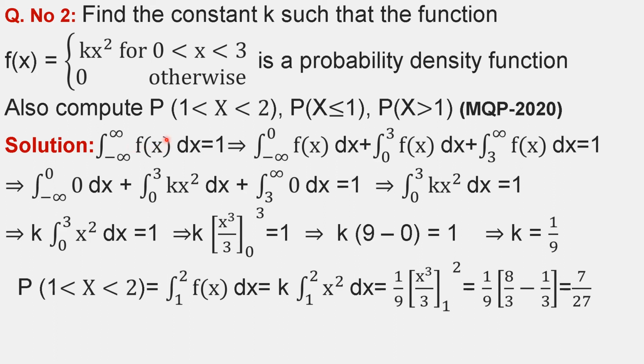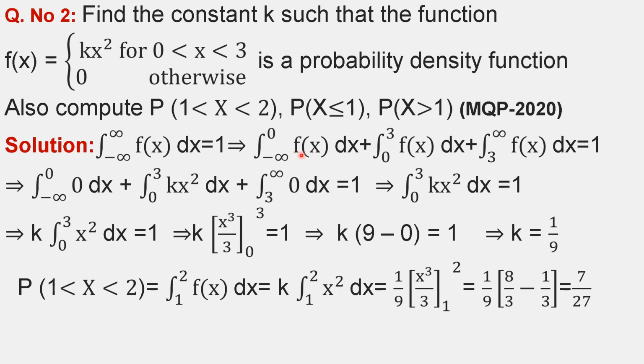So straight away we can't replace f of x by kx square or 0. You need to split this integral from minus infinity to plus infinity as minus infinity to 0, then integral 0 to 3, then integral 3 to infinity. For the integral from 0 to 3, in place of f of x you can write kx square.